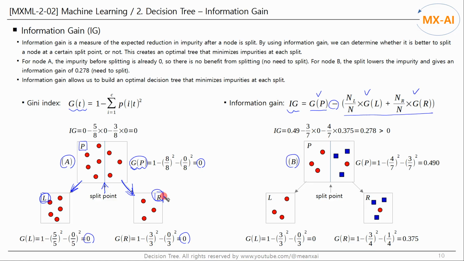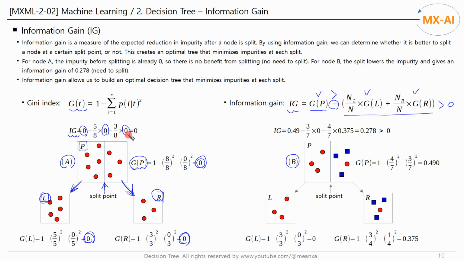If this value is greater than 0, the parent node's impurity is high, while the child node's impurity is low. In other words, the split results in information gain. Let's calculate the information gain when splitting node A. The Gini index of node A before splitting is 0, and the Gini index of each child node after splitting is also 0.